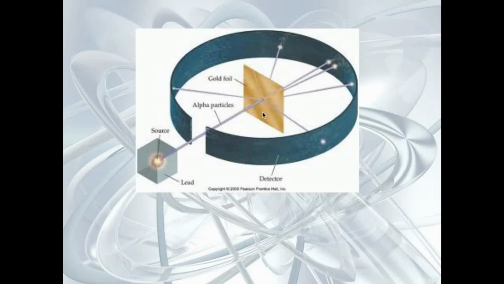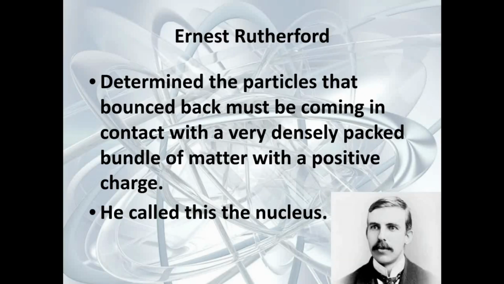And so if we look at the contraption, most going through, but a few bouncing back was what they saw. This showed them that there had to be some very densely packed bundles of matter within those areas, and they must have a positive charge to repel the positive particles that they were sending forward.